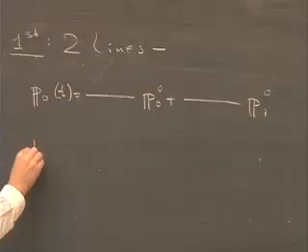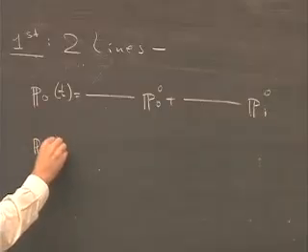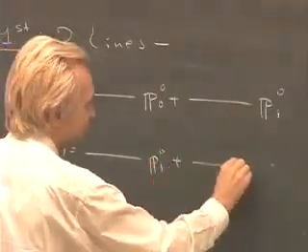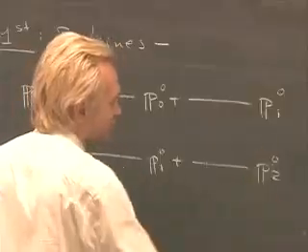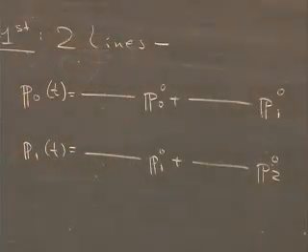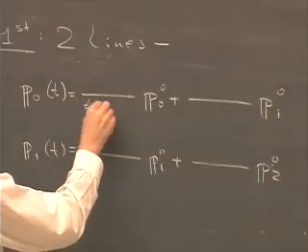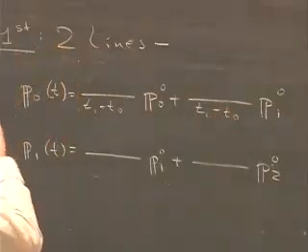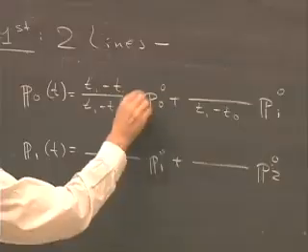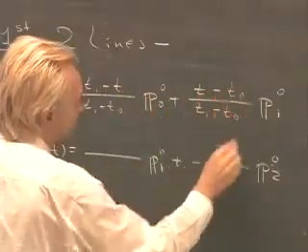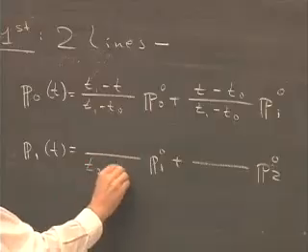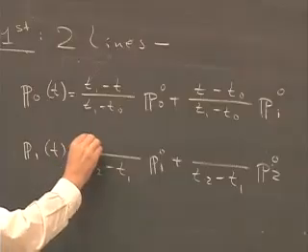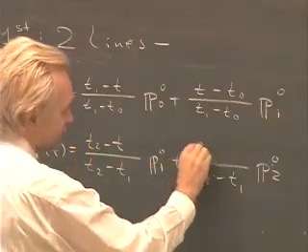And the other line segment, P1 of t, is formally the same. It interpolates P1 and P2. Okay, and what are the ratios in front of them? First one is T1 minus T0, and numerators are T1 minus T and T minus T0. And here we have to divide by T2 minus T1, and numerators are T2 minus T and T minus T1.